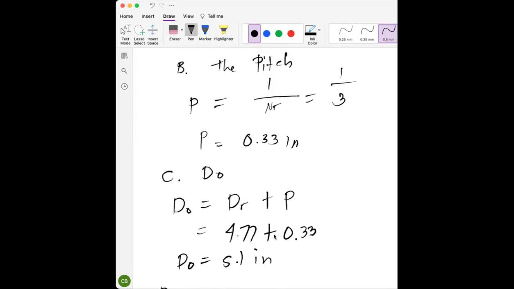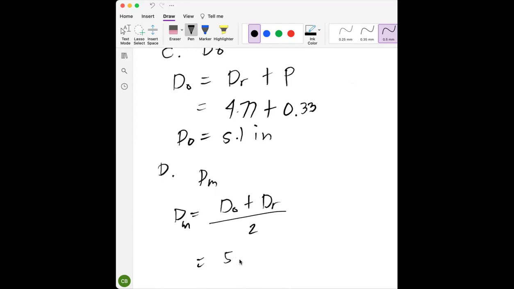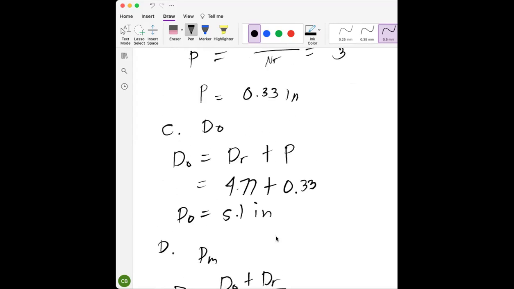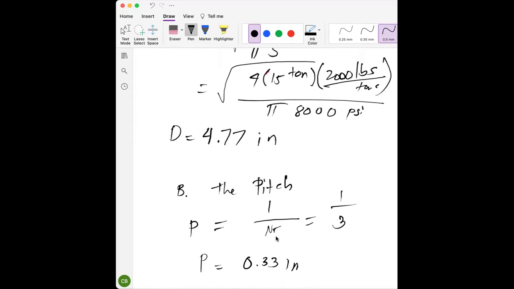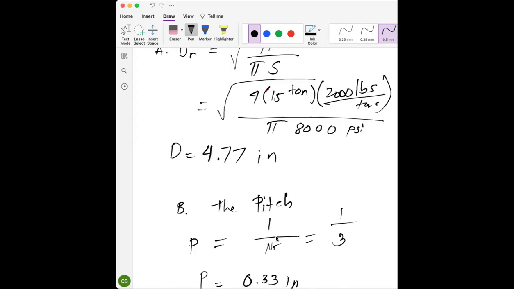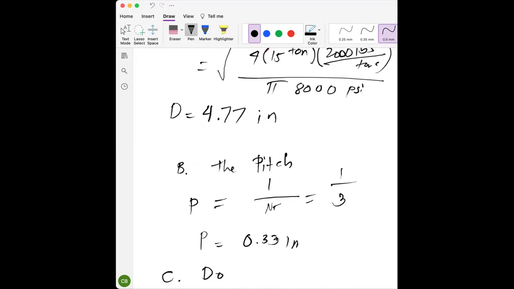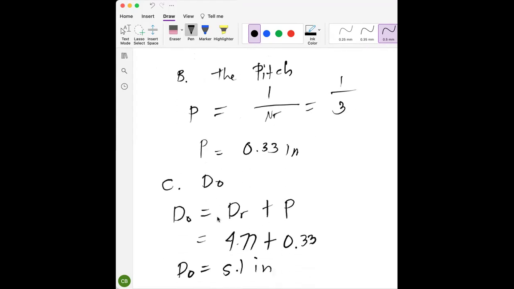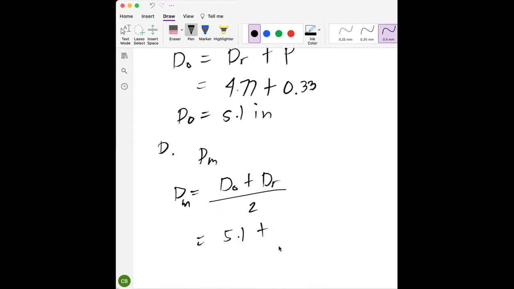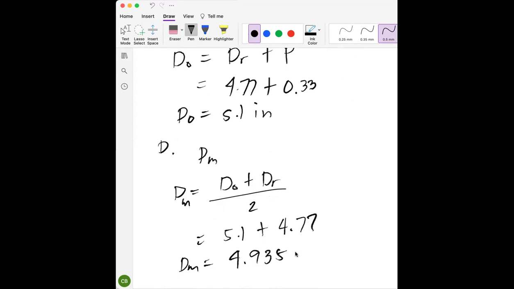That DO would be 5.1 plus the root, 4.77, divided by 2. So that would be 4.935. So dm would be 4.935.